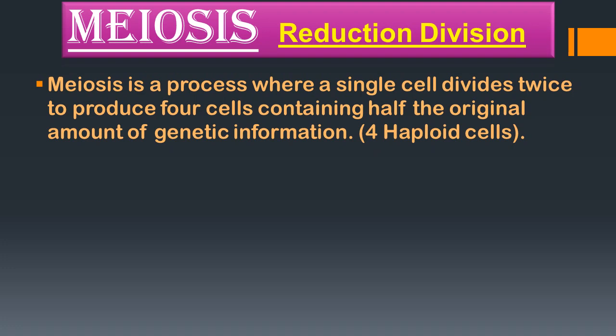That means a single cell divides two times to produce 4 haploid cells, and these 4 haploid cells are genetically different from the original parent cell. Here meiosis takes place in 2 parts, that is meiosis 1 and meiosis 2, and as the number of chromosomes is reduced in meiosis, this is called a reduction cell division.